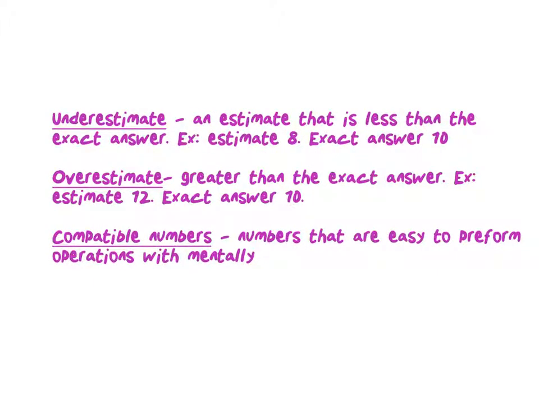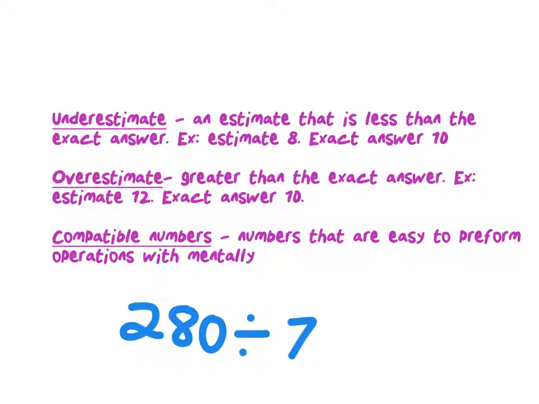And lastly is compatible numbers, and these are numbers that are easy to perform operations with in your head or mentally. Just as a quick example, an example of that would be a number like 280 divided by 70.